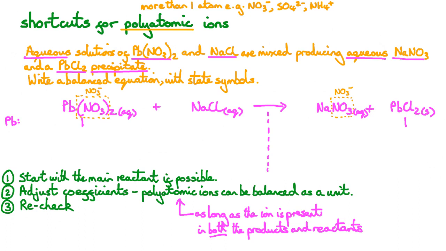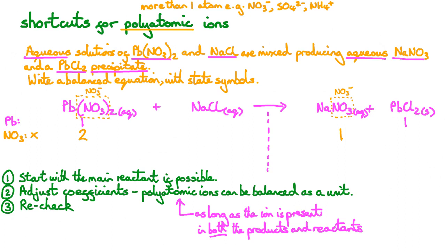So rather than counting this nitrate ion as nitrogen atoms and oxygen atoms, we can simply count it as a single unit. When we do this, we see that we have 2 nitrate ions in our reactant and only 1 in our product. So this is not yet balanced.